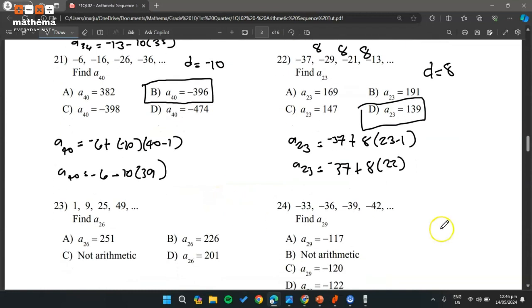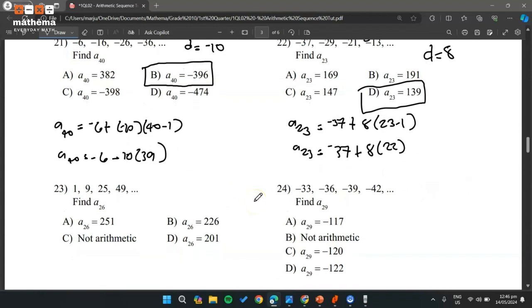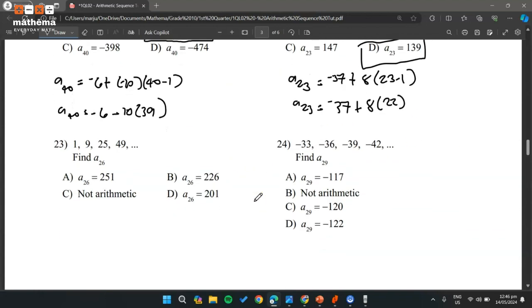Let's have number 23 and then 24. These will be the last two items. For 23, we have 1, 9, 25, 49. As you can see here, this is not arithmetic, right? This is plus 8 and this is plus 16.